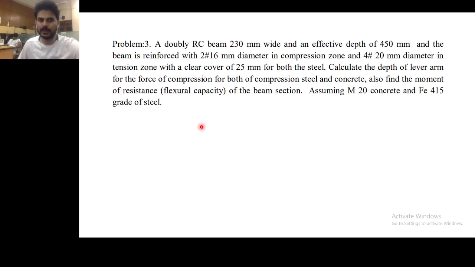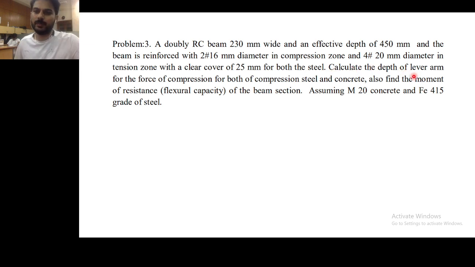Problem number 3: a doubly reinforced RC beam, 230 mm wide with an effective depth of 450 mm, is reinforced with 2 bars of 16 mm diameter in the compression zone, and 4 bars of 12 mm diameter in the tension zone, with a clear cover of 25 mm for both the compression and the tension steel.